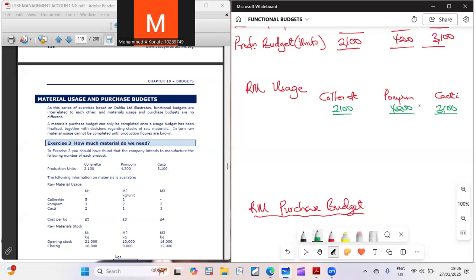These are the figures. To produce this, we are told that you need M1, M2, and M3. This one, these are the ones for colorate.